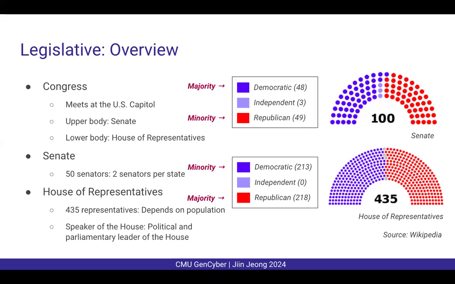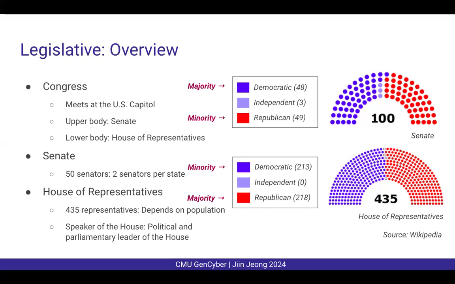The Senate and the House of Representatives have different ways of how they select who serves on this body. The Senate consists of 50 senators, which are 2 senators per state, versus the House of Representatives, which consists of 435 representatives, and how many representatives per state depends on the state population surveyed by the US Census.